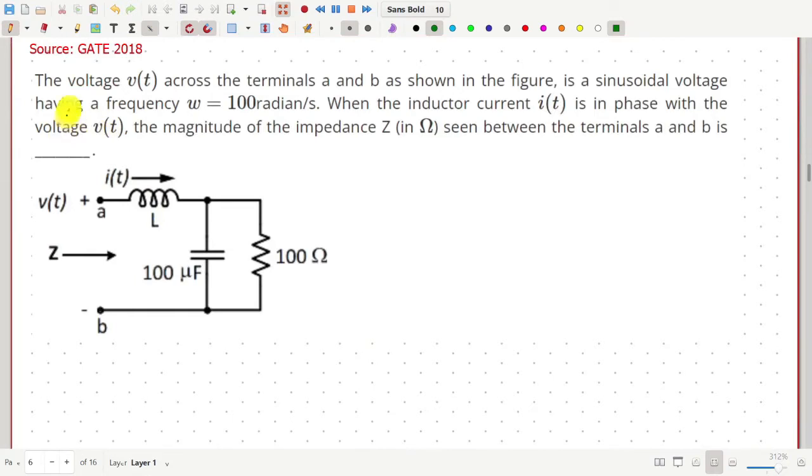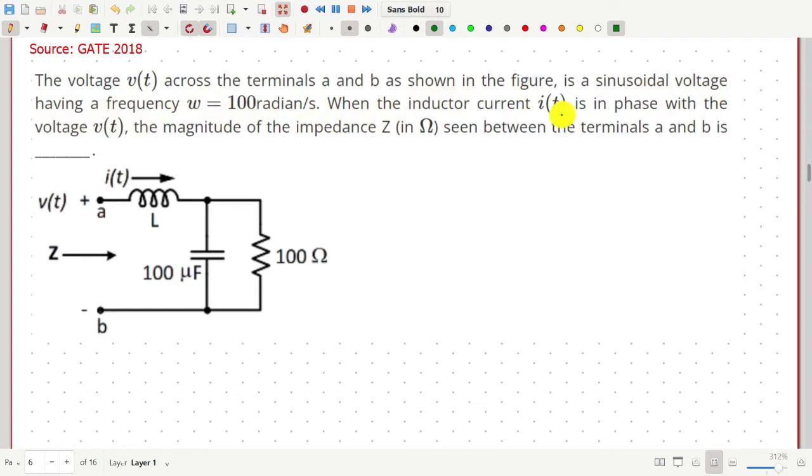Here a circuit is given. The voltage V, which is here, across the terminals A and B, is a sinusoidal voltage with frequency omega 100 radian per second.